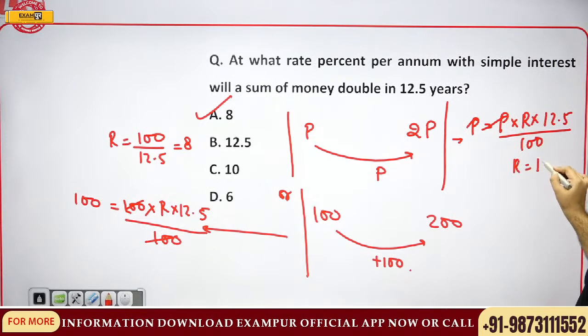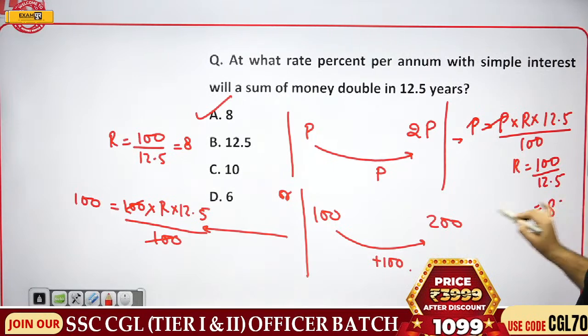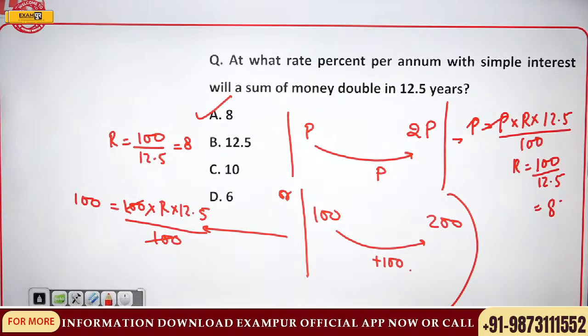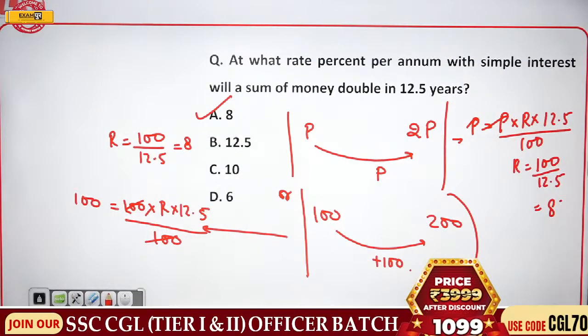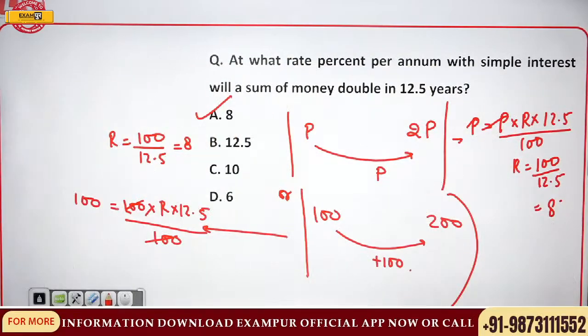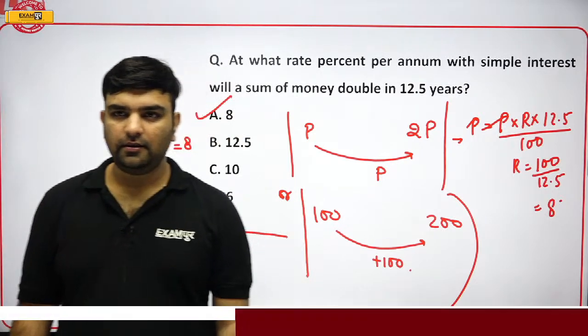So rate is 100 upon 12.5, which is 8. Clear? Either do it from 100 or from P.